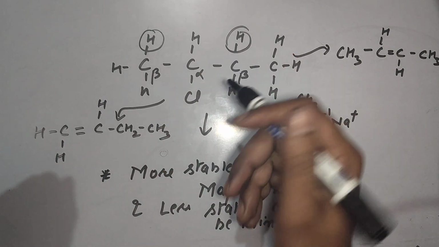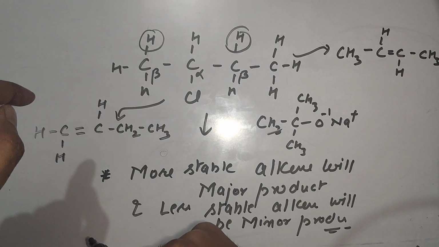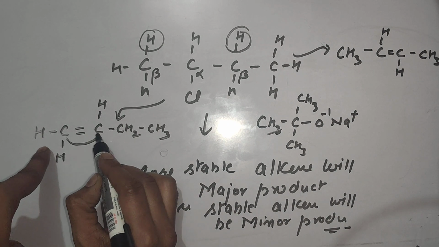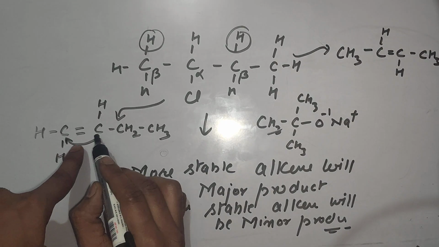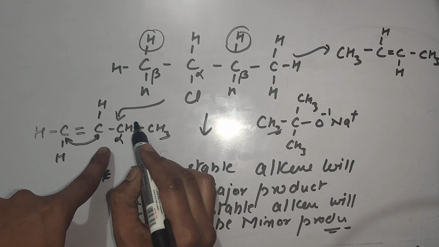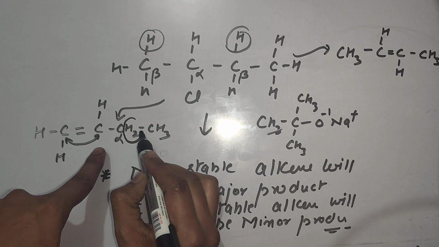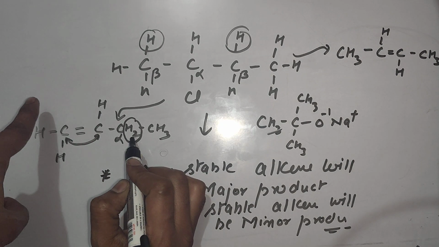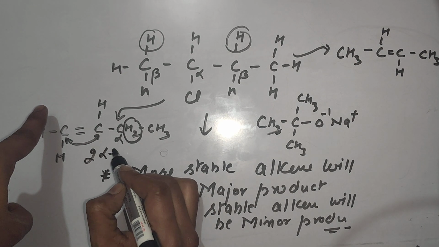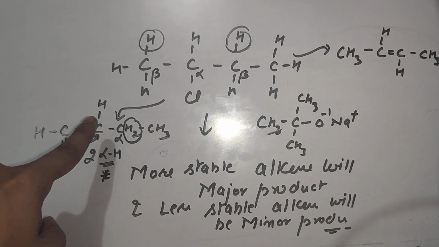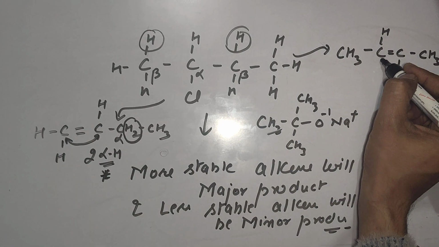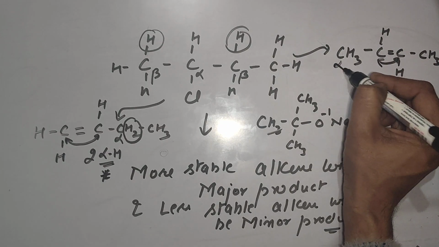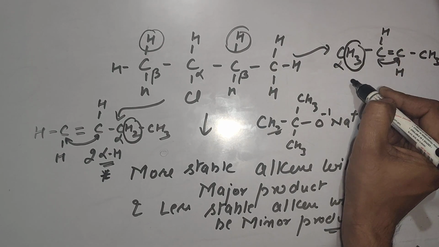How will we check stabilities? Right now we have done it through alpha hydrogens. This is the doubly bonded carbon, these are doubly bonded carbons. What is the alpha carbon? This is the alpha carbon. How many alpha hydrogens are there? Two are there. Two alpha hydrogens will show hyperconjugation. Let's check how many alpha hydrogens are on this side. This is the doubly bonded carbon, these are doubly bonded carbons. This is an alpha carbon carrying how many alpha hydrogens? 3 alpha hydrogens.